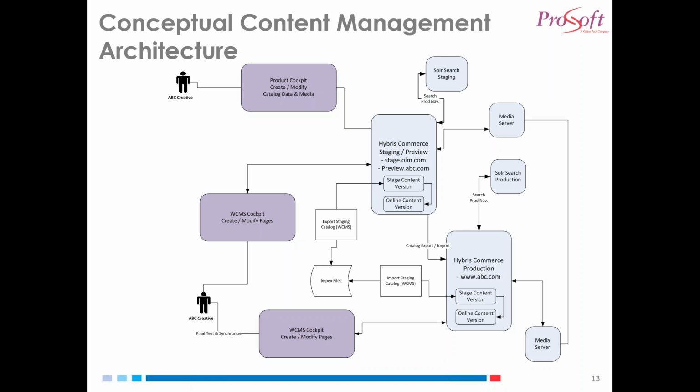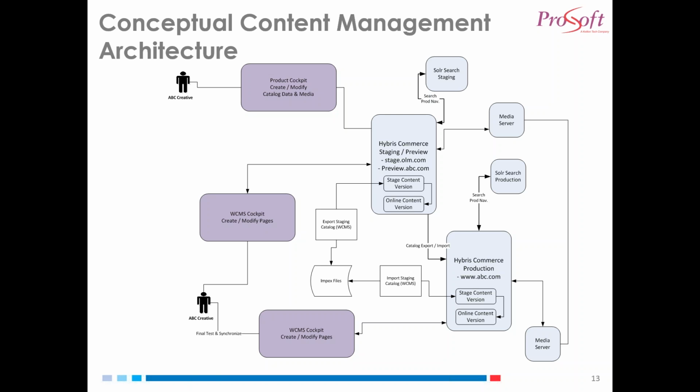Let's spend some time understanding this. As I said, there are two instances running here: one is the staging instance, and here is our production instance. In the staging instance, every catalog within Hybris has two versions: a staged version and an online version.